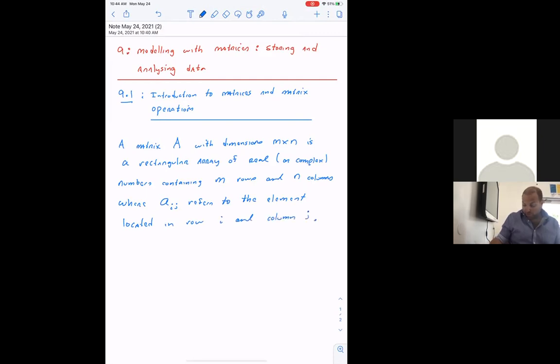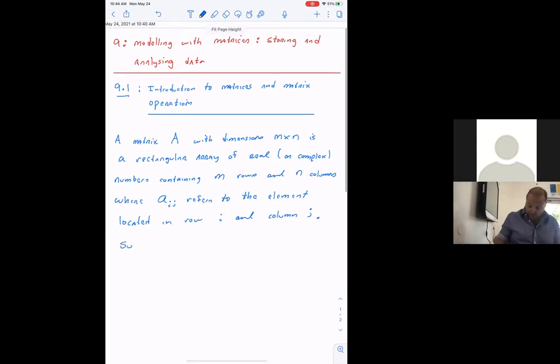So notice how we use a capital letter for the matrix itself, for the whole object. But if we need to refer to a specific entry of the matrix in the third row and fourth column, for example, A sub 3,4 would refer to the entry of matrix capital A that appears in the third row, fourth column.